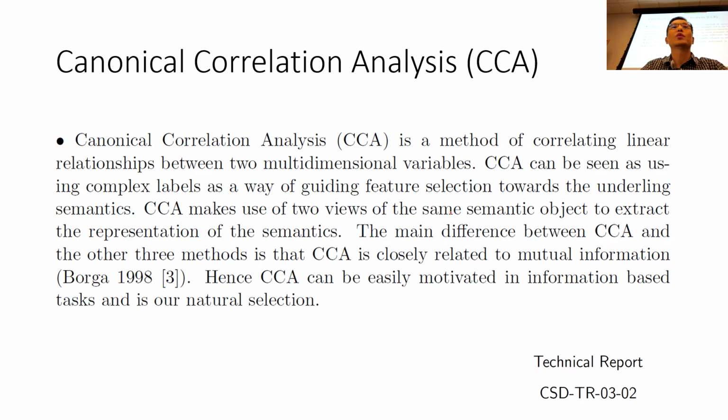It makes use of two views of the same semantic objects to extract a representation of the semantics. So you have the underlying assumption that the two data sets are related somehow by this semantics.